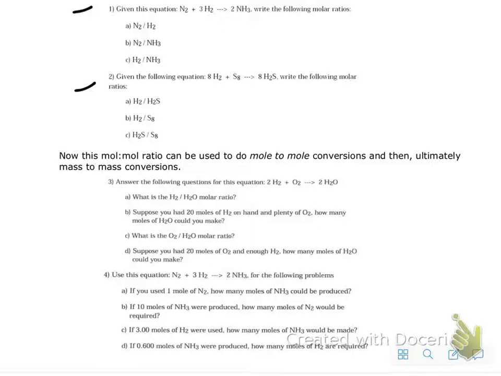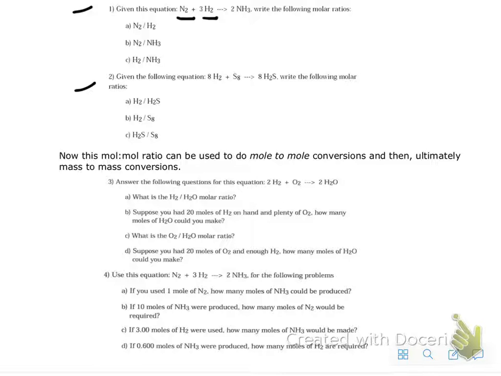So it's giving us a pretty common equation, and it is the synthesis of ammonia. So we have nitrogen and hydrogen giving us ammonia. And we want to pick out from this reaction the mole-to-mole ratios that it's asking us to find at A, B, and C. So letter A is asking us to find the mole-to-mole ratio between nitrogen and hydrogen gas.